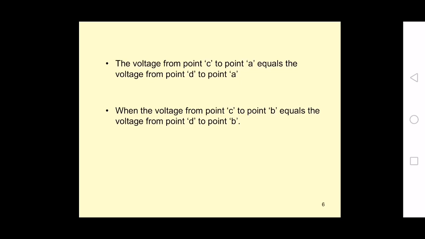This means you can directly say that the potential difference between points A and C equals the potential difference between points D and A. Similarly, the voltage from point C to B equals the voltage drop from D to B.